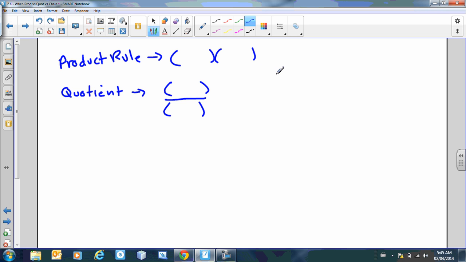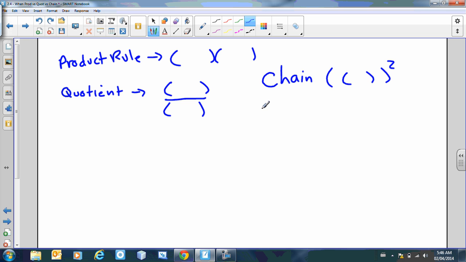Now the chain rule is not a rule at the same level as these. The chain rule comes up anytime we have this kind of patterning, where there's brackets inside of brackets or an expression inside of a bigger expression, probably with exponents on them.